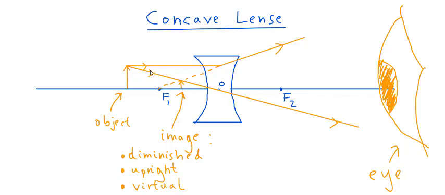You might remember when we were talking about the convex lens that with the convex lens you can get virtual images as well. What that means is we can't form this image on a screen.